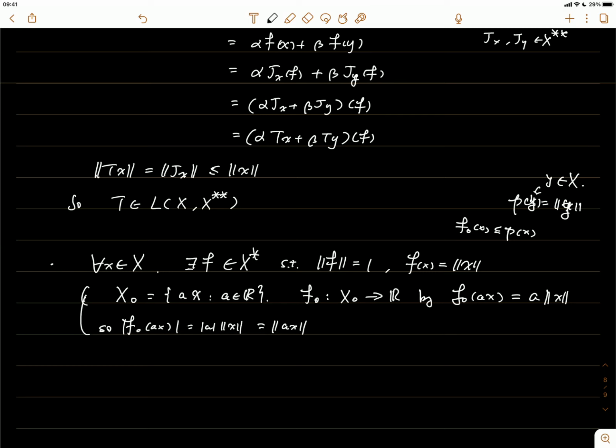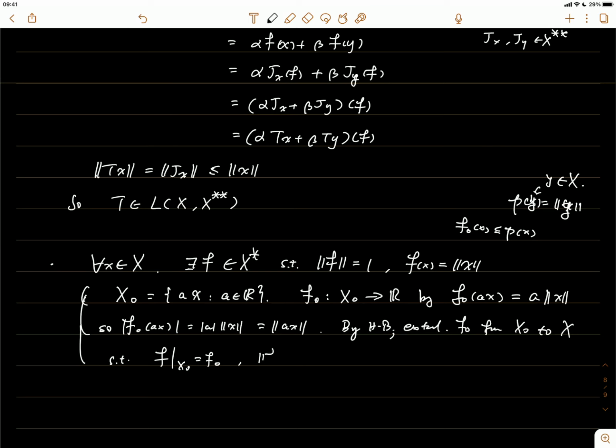And then by the Hahn-Banach theorem, we know that we can extend f naught from the space x naught to the whole space x, such that the extension, which we call f, when restricted to the linear subspace, gives just f naught.